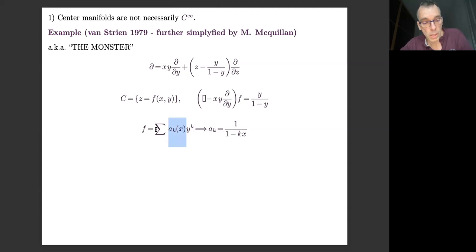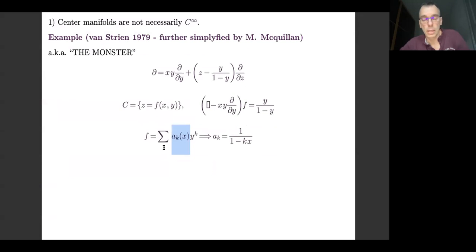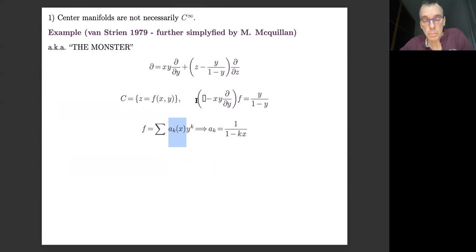When you plug the expansion into this partial differential equation, you get that a_k should necessarily be given by this. There's no choice. And then you see here that a_k is not defined if x is equal to 1 over k.